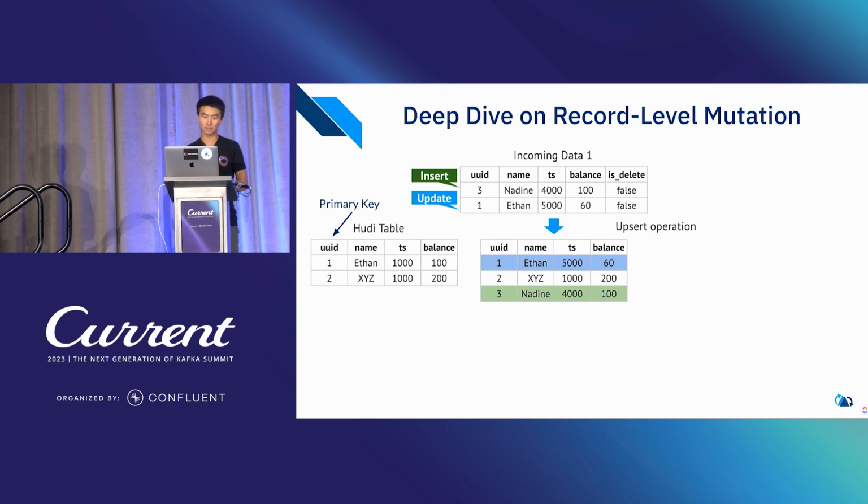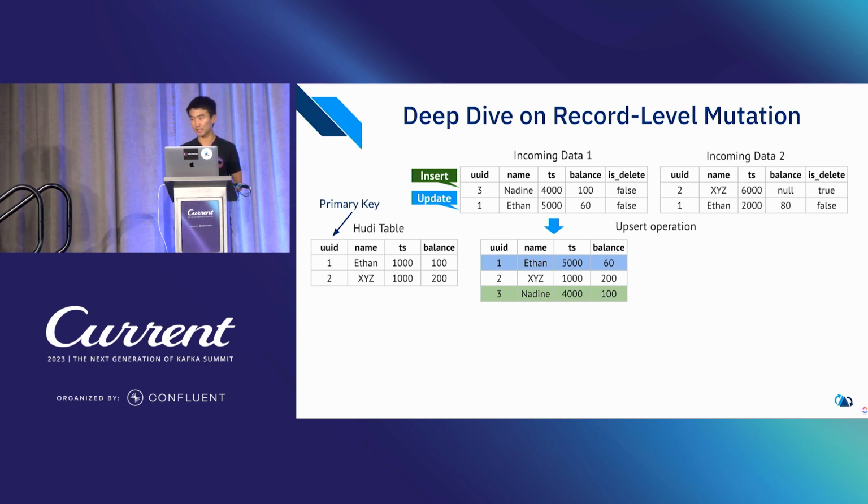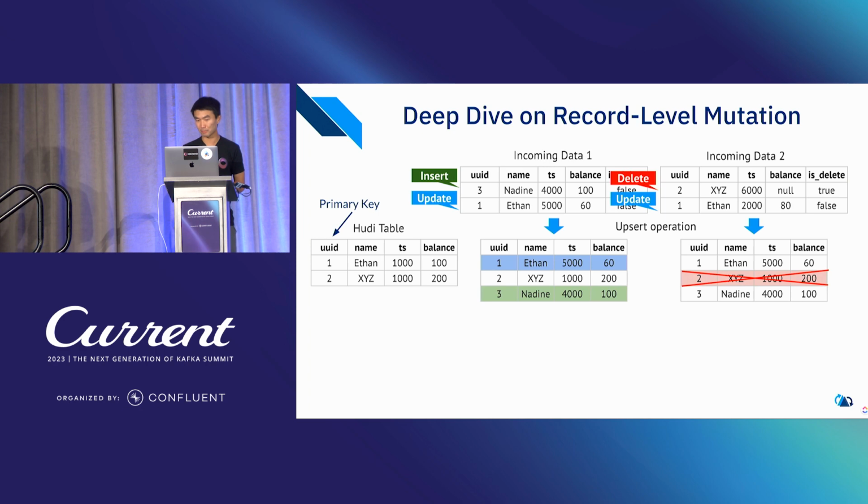Once Hudi conducts the upsert operation, the table is updated by inserting the first record and updating the record with UID 1. Similarly, for the second batch, we can see that the first entry is marked as delete. The second entry is another update, which is on my account. Once Hudi applies the upsert operation, it deletes the record.